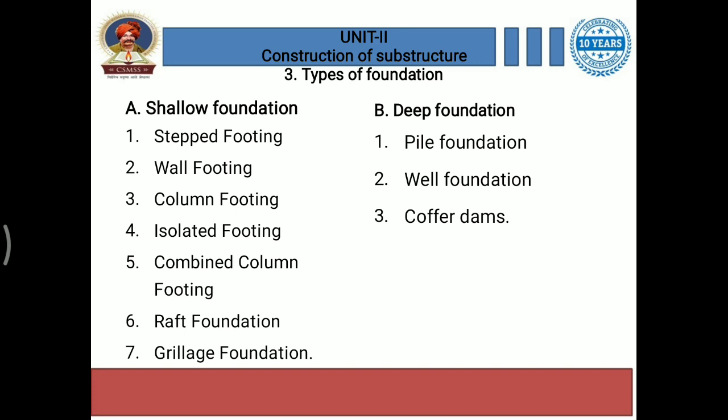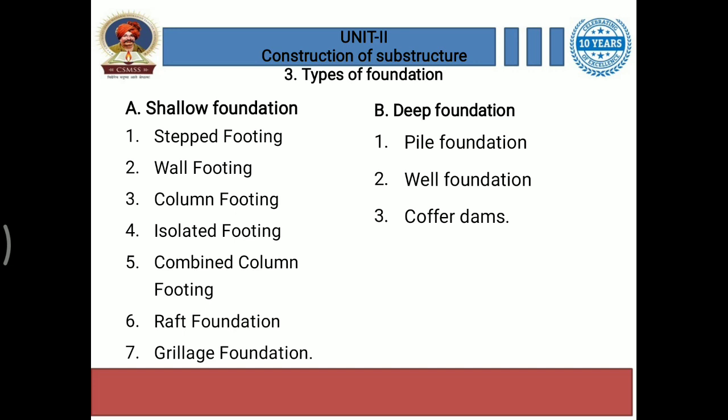So start with shallow foundation. These are some types of shallow foundation: step footing, wall footing, column footing, isolated footing, combined column footing, raft foundation, grillage foundation. These are the shallow foundations according to the syllabus.